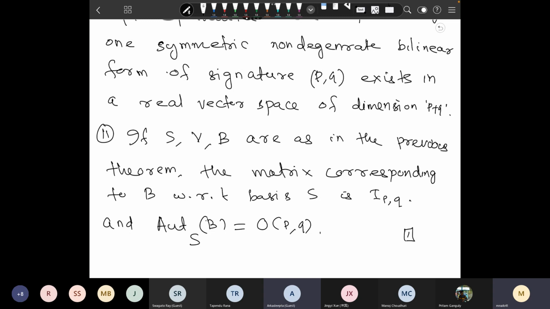So this completes it. These are precisely all the classical groups O(P,Q) if you are considering symmetric non-degenerate bilinear forms over R.